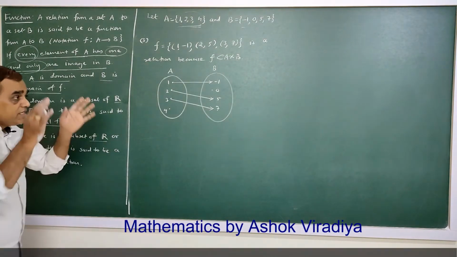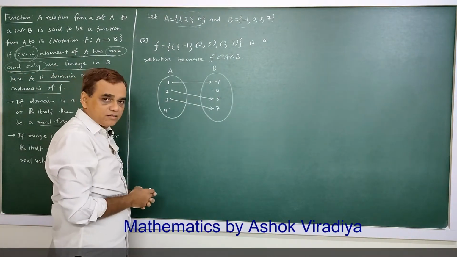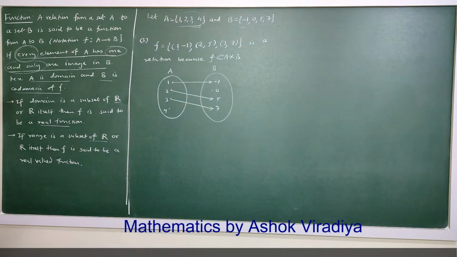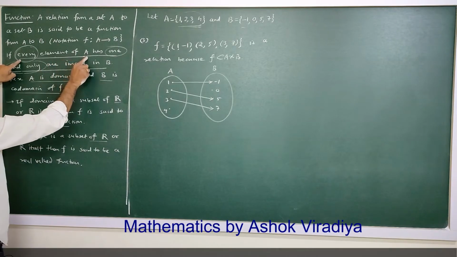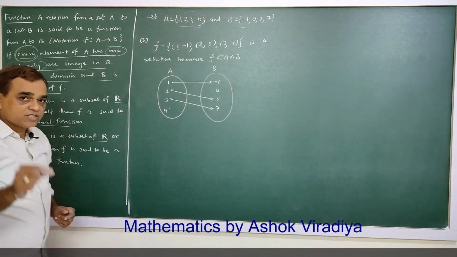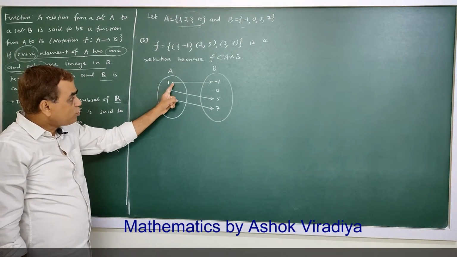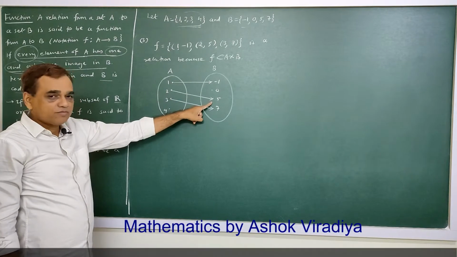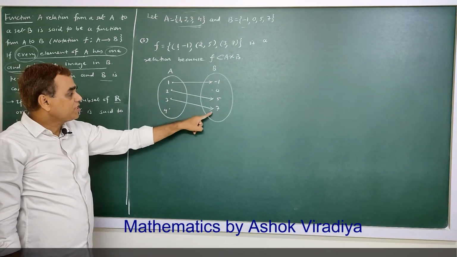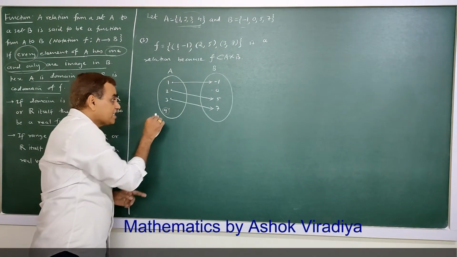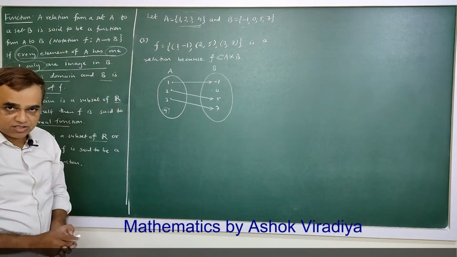Now check, is it a function? So we verify these words. What is the condition? Every element of set A has one and only one image. See, image of 1 is -1, image of 2 is 5, image of 3 is 7. But 4 has no image.